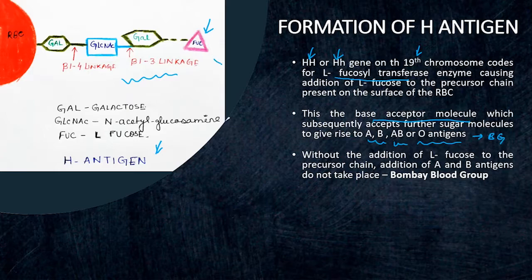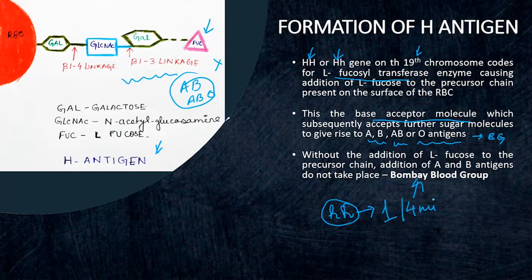Without the addition of L-fucose to the precursor molecule, it is not possible to get any of these four blood groups, and this condition, as we had already discussed in the previous video, is known as the Bombay blood group, which is seen in the case of the pure recessive H gene. It is very rare, seen in one individual per 4 million in a population.